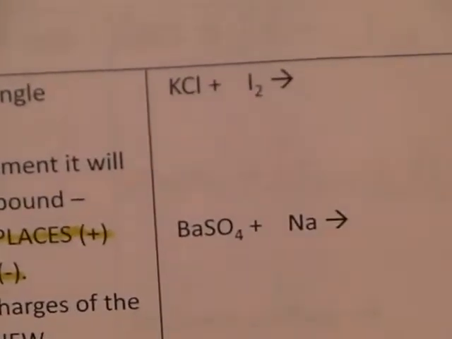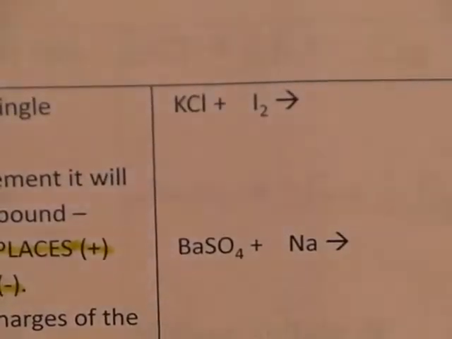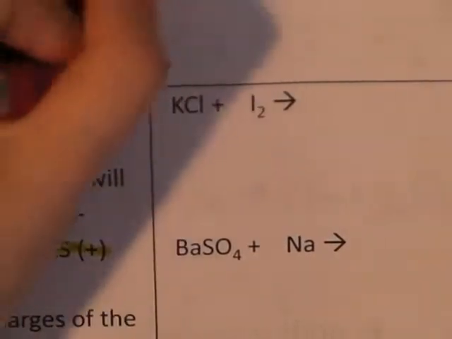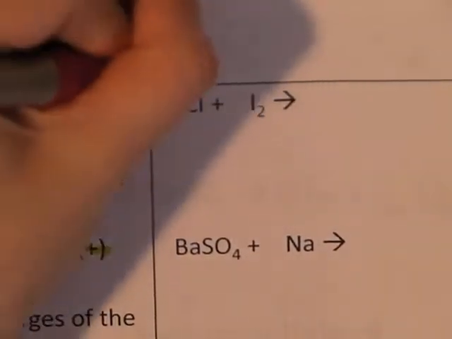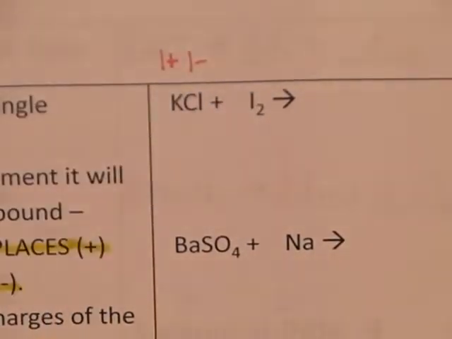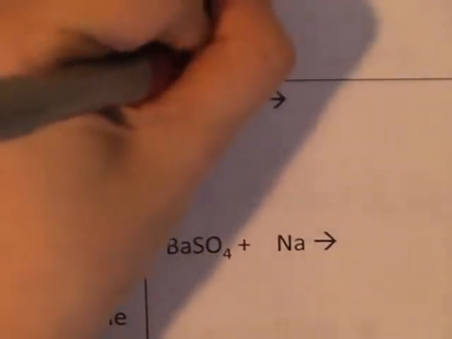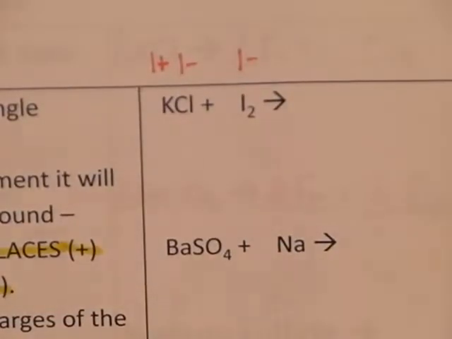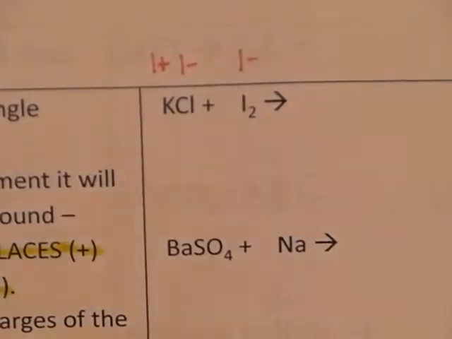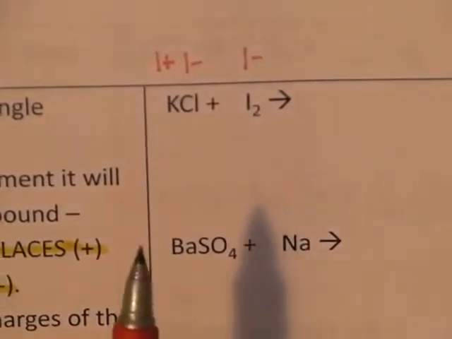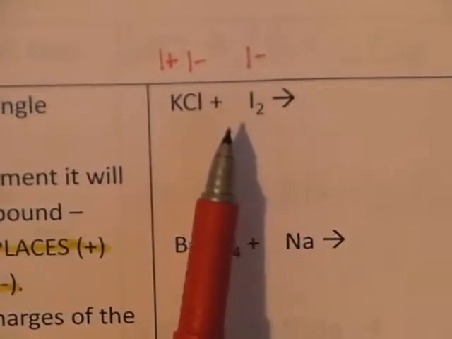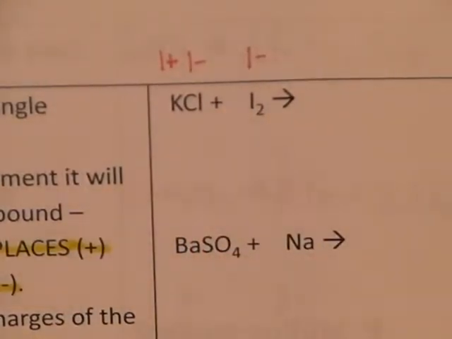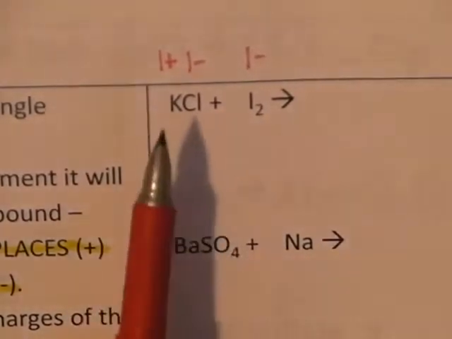All right, so if we decide these elements' charges, well, we know potassium's a +1, chlorine's a -1, and iodine, when it forms a charge, will form a -1. So if we remember our idea that positive replaces positive, negative replaces negative, then who is iodine going to replace? In this case, I hope you are saying chlorine.